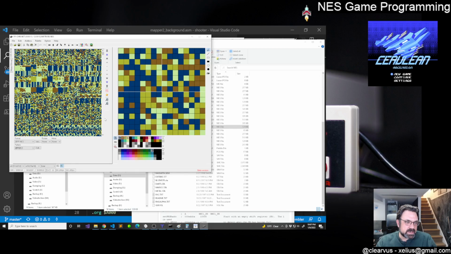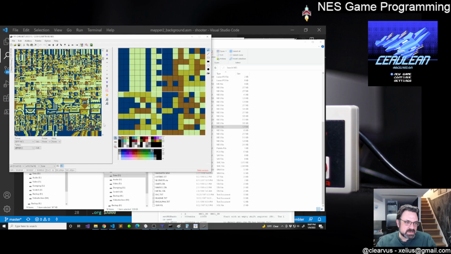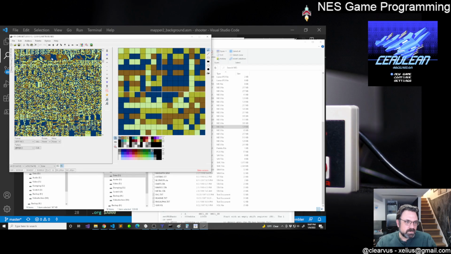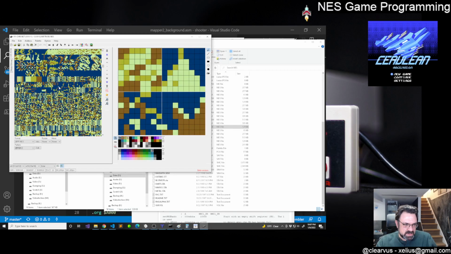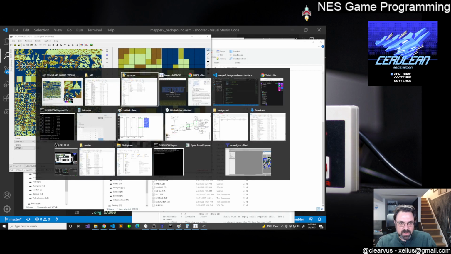So this looks like game data to me. It doesn't look like anything visual. Looks like there's some data in here for the game. Here's some clear graphics stuff. Now this is interspersed in stuff that looks like code to me.